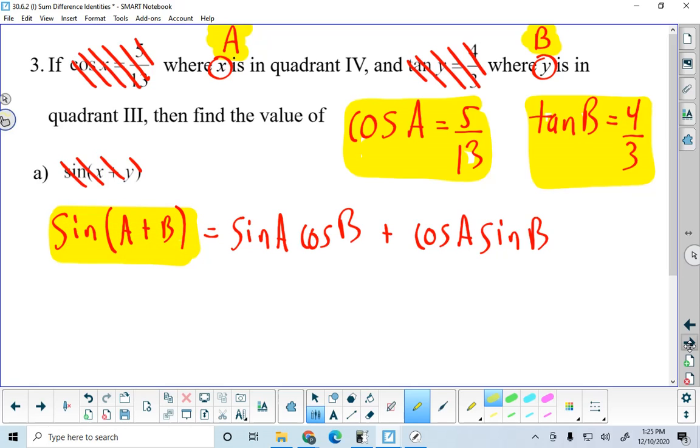Any comments or questions about that? We've done this before, but only where we've had an x. Now we have an x and a y.